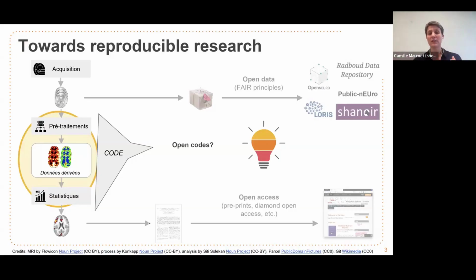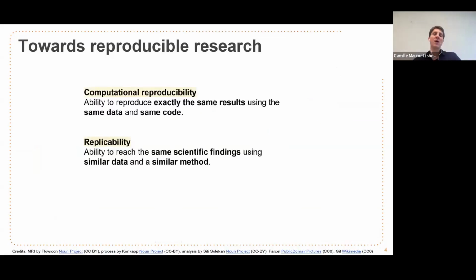The good news with code is that typically the code is developed within the team that works on the project, so there are fewer difficult considerations in terms of whether we can share code or not. Of course, I'm not saying there are no considerations, but it's probably a little bit easier. And this is also, in addition to data, a research artifact that I believe has a really big value for the scientific community to understand what was done in the paper. And so here we go.